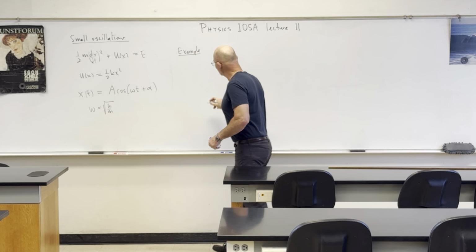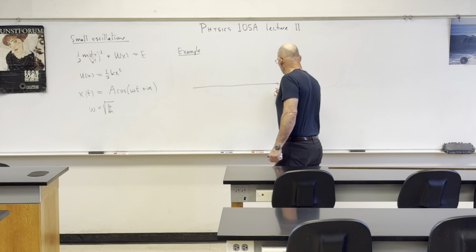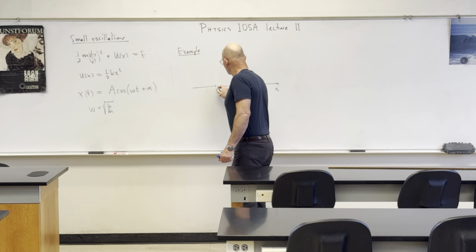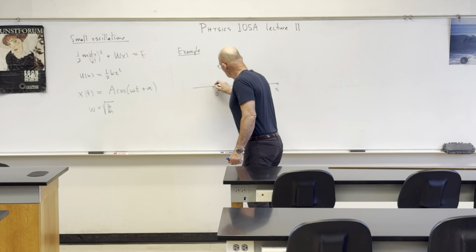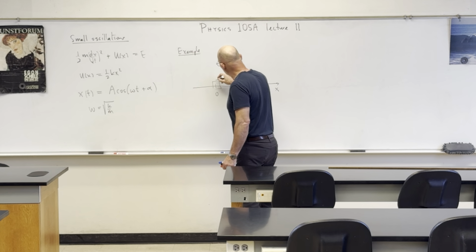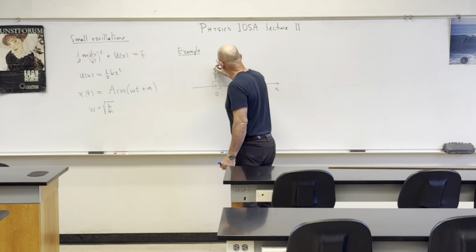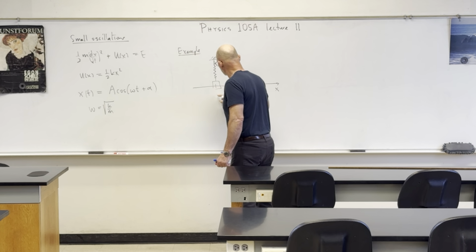But what we have this time is a mass on a track, so this is going to be the x-axis, and this is the origin. This now is a top view of a mass on a track, and what we're going to do is connect springs in this direction. I'll leave that origin there.